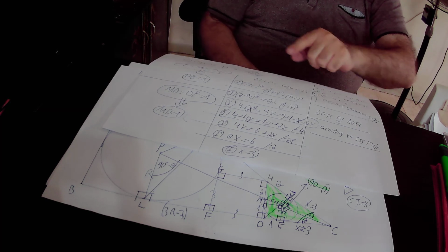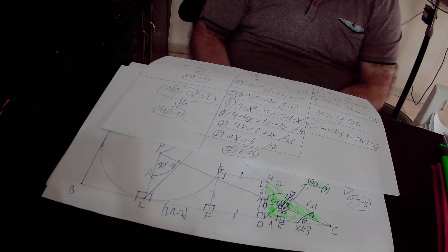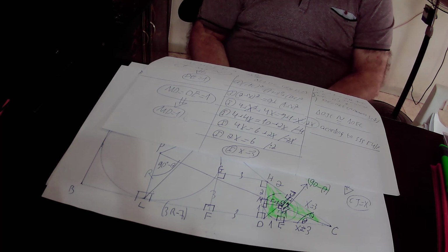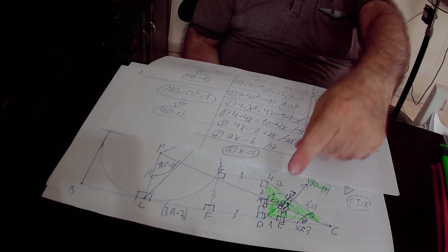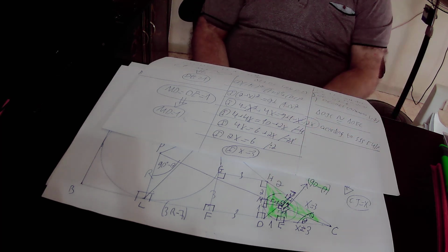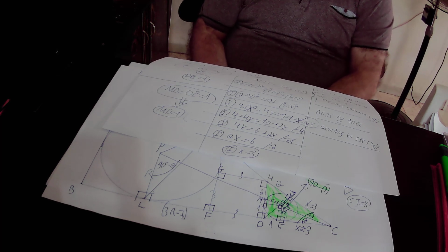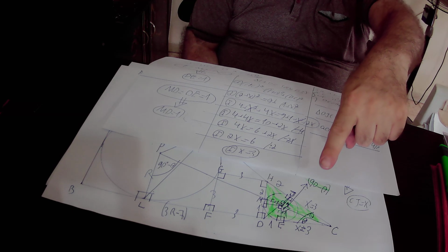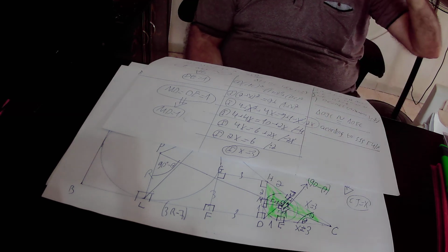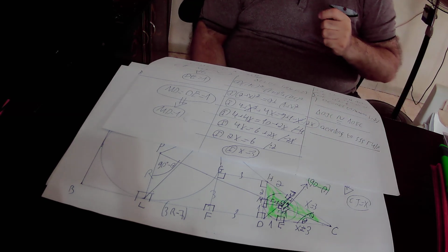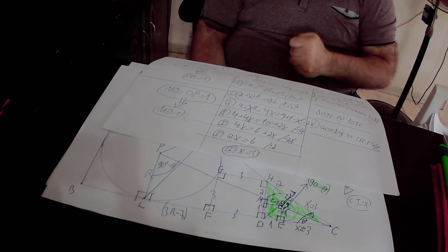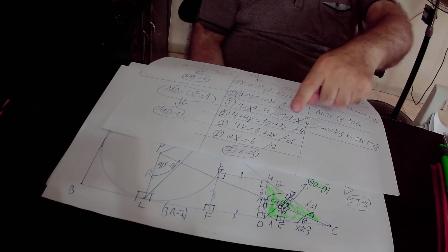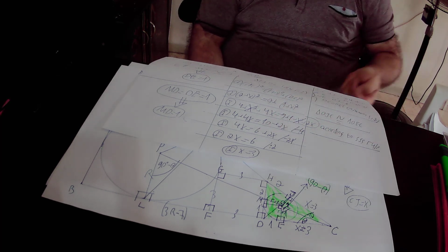AC equals 2 plus x, therefore AC square equals (2 plus x) square, plus AD square. AD equals 3, so AD square is 3 square, that is 9, plus OC square. OC equals 1 plus x, therefore OC square equals (1 plus x) square. Okay, so we solved this equation and found out that x equals 3.